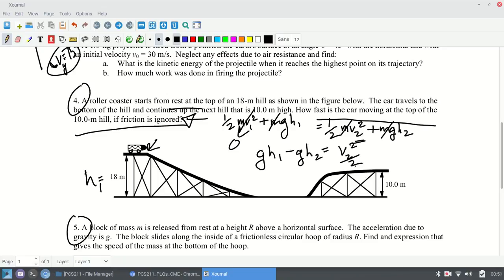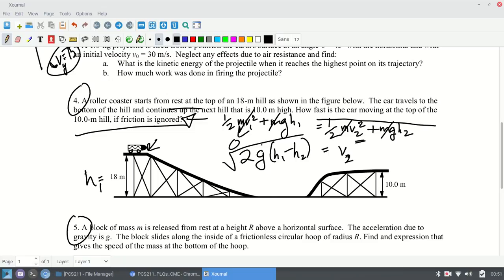What I can do is take out a common factor of g in these terms. Then I can multiply both sides by 2, and then I can square root to get my final answer. Simple as that. So that's my equation for v2.